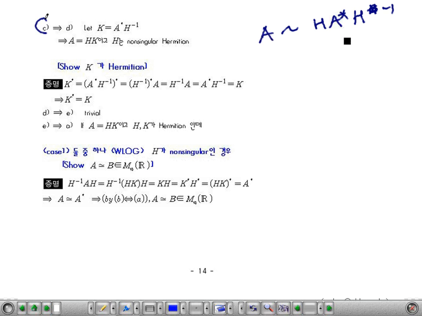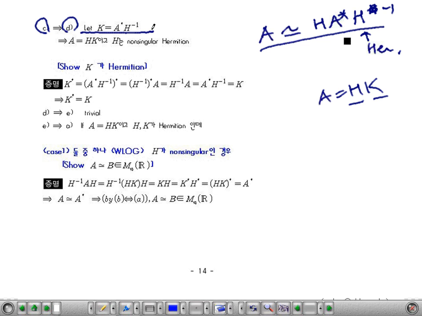Okay, next. C implies D. What was C? C was that A can be written as H A star H inverse for some Hermitian H. Now we show A can be written as HK, where H and K are Hermitian, and one of them is non-singular. Let's prove it. Let K be A star H inverse.